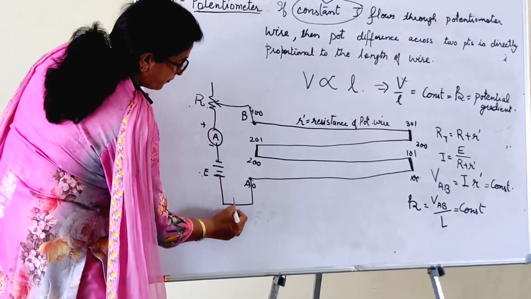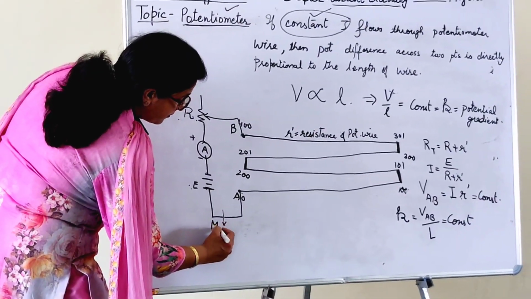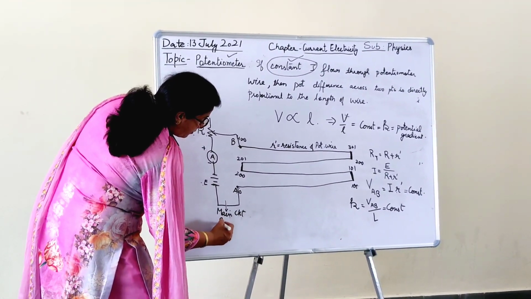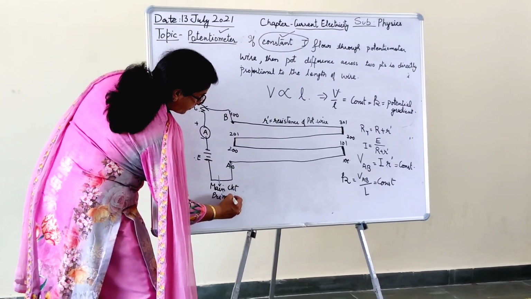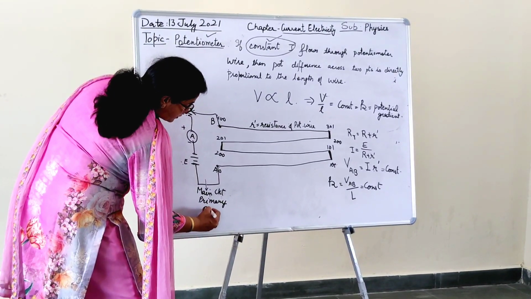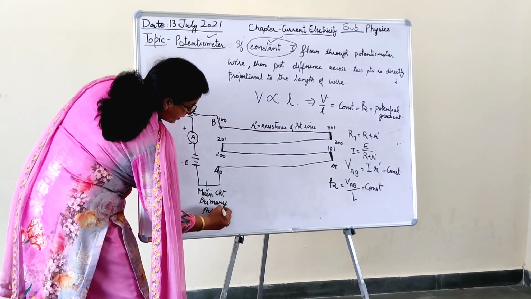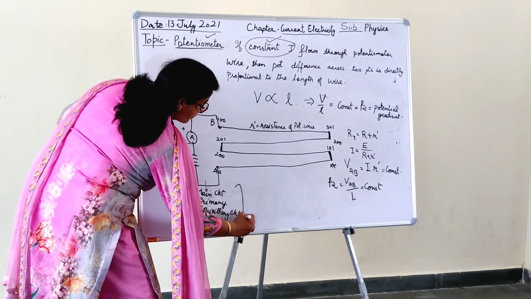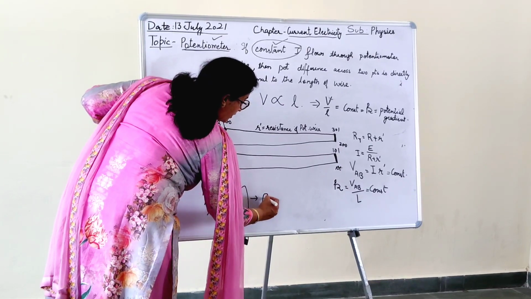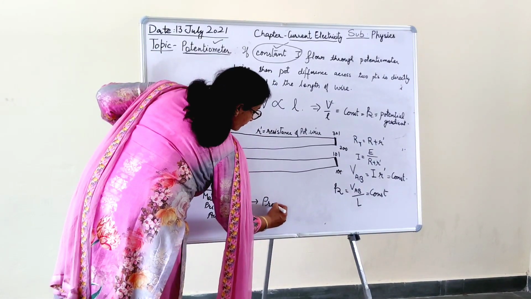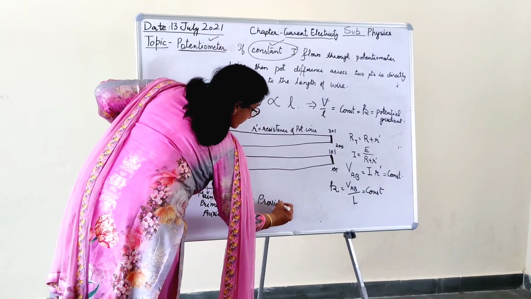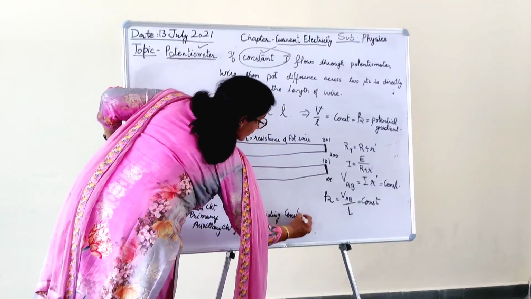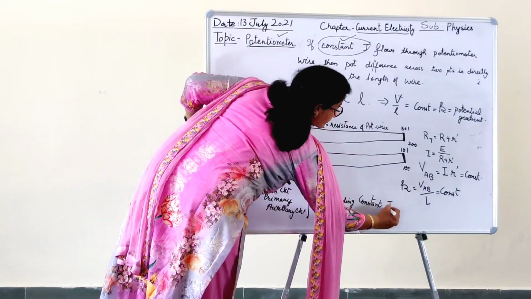This circuit is known as the main circuit or primary circuit, you can say, or auxiliary circuit. What is the function of this circuit? This circuit is providing constant current.